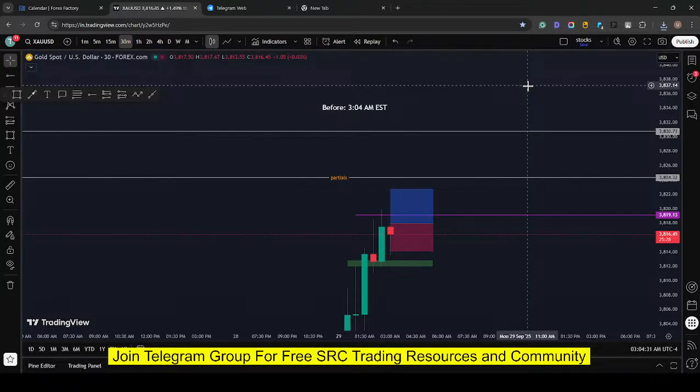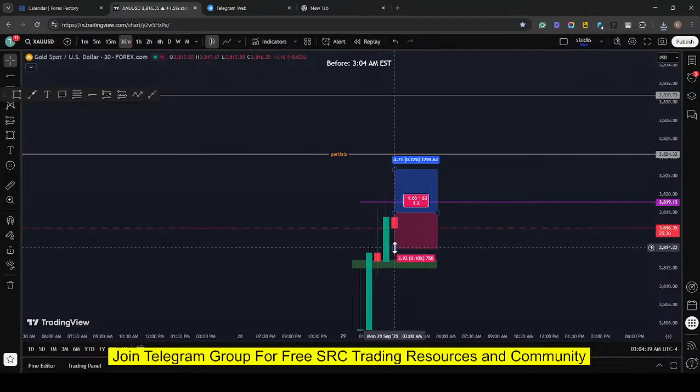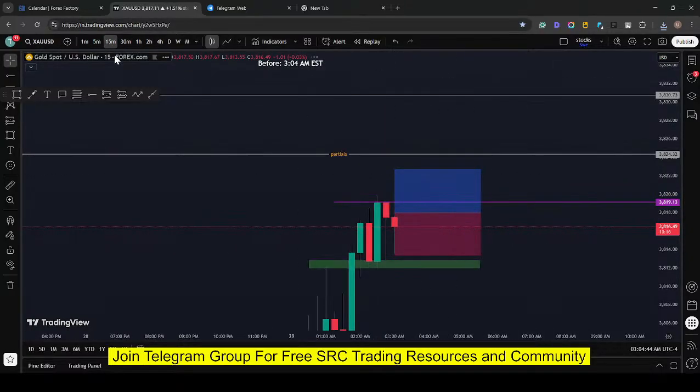I'm going to enter on the flip. Though it can be a risky trade, but yeah, it's London time. We can expect volume to push price back up.